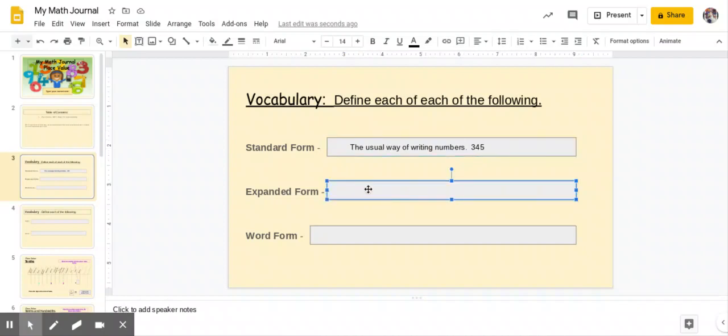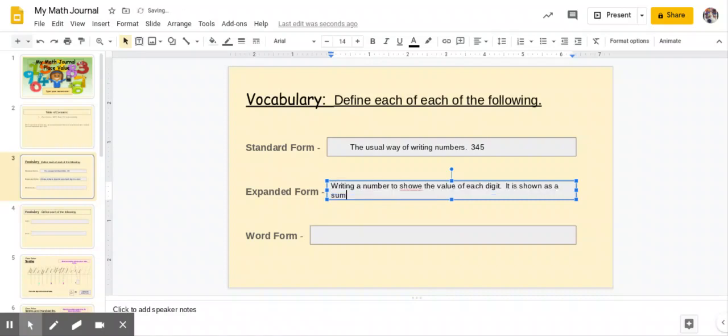Expanded form is when we write a number to show the value of each digit. It's shown as a sum of each digit multiplied by its place value.